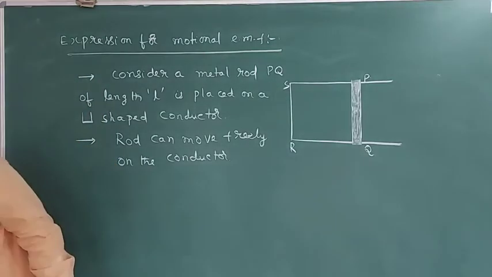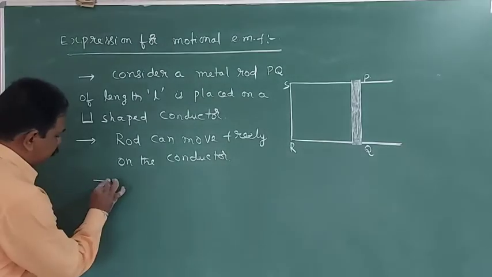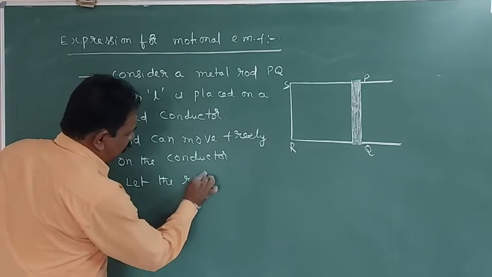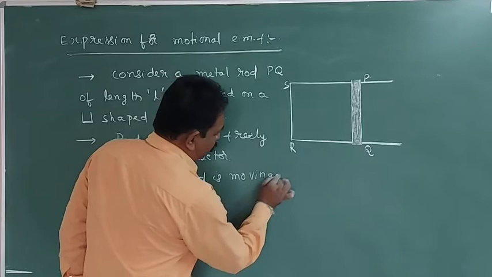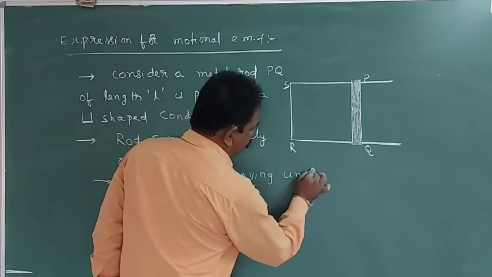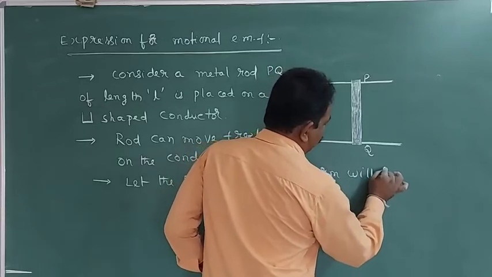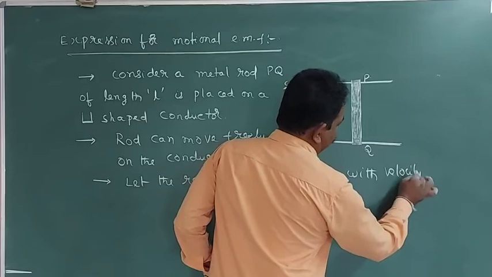Okay. Then let the rod be moving uniformly with velocity v.